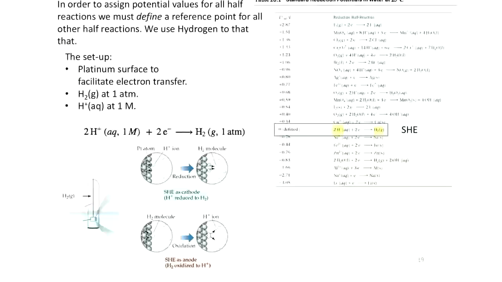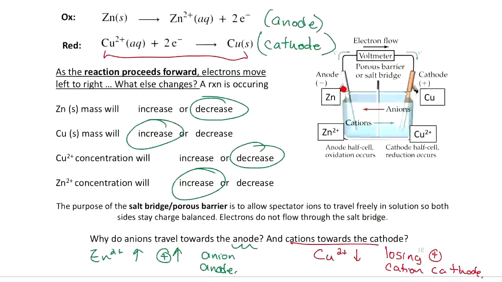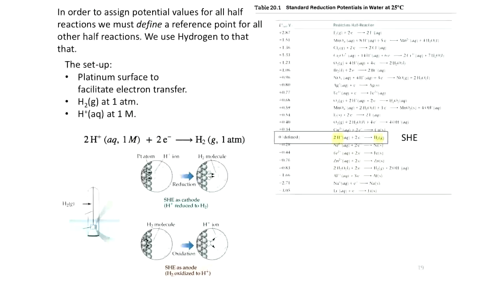So what you saw in this example with our electrodes, see how zinc was our electrode? It was our anode. Copper metal was our cathode, was also an electrode. Those things are solid, so they can act as electrodes. But can a gas act as an electrode? Can you put an alligator clip on a gas? No. You can put an alligator clip on a piece of metal, like a solid, but you can't put it on a gas.